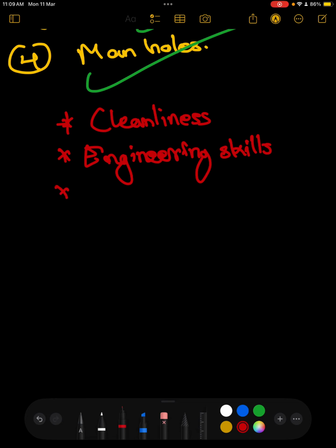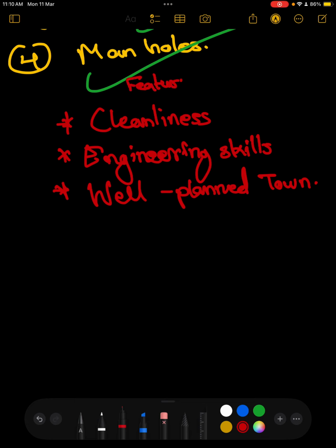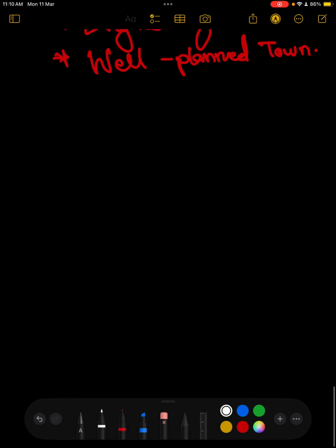And last but not least, a well-planned town. The town was very well planned. That's what we can understand. So these were the main features about it. Okay, let's go to the next part.